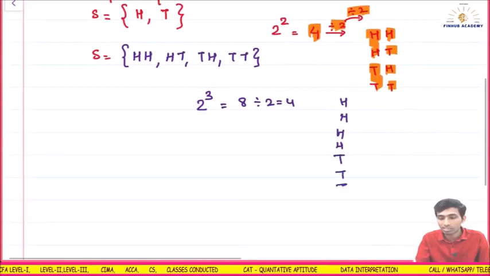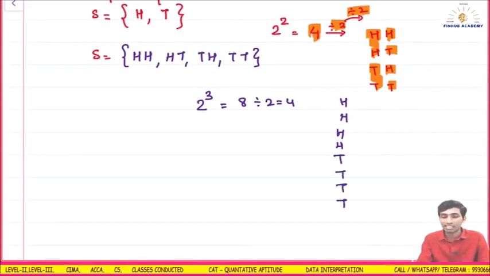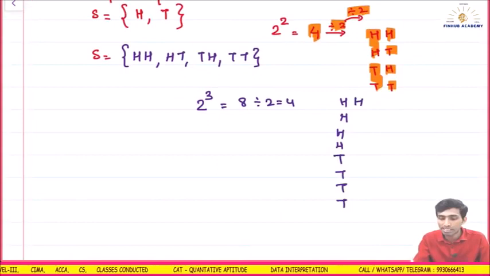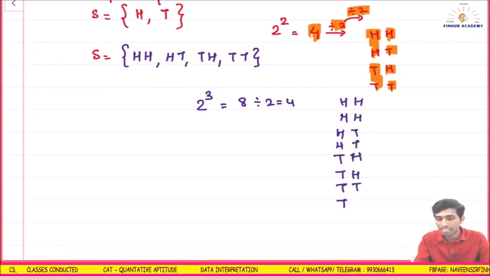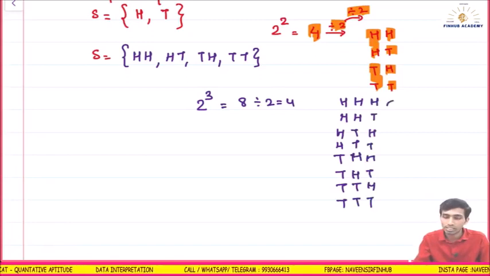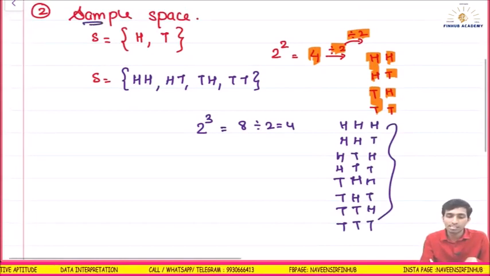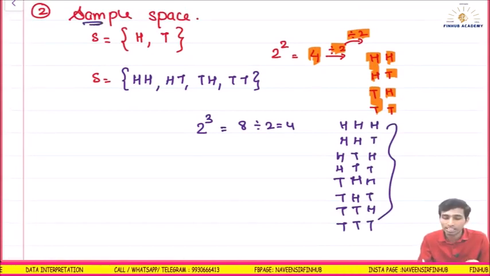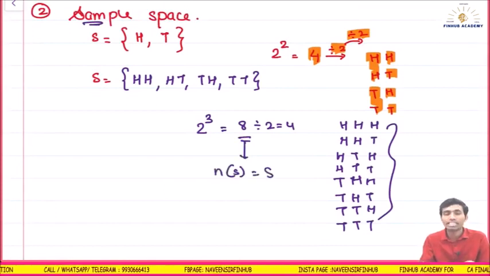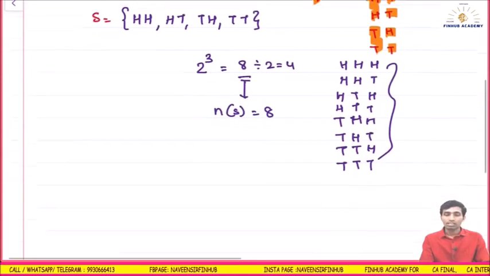Then 4 divided by 2, 2 times head, 2 times tail, 2 times head, 2 times tail. Half of 2 is 1, so 1 time head, tail, head, tail, head, tail, head, tail. This is your sample space. So when I toss 3 coins, the number of outcomes in the sample space is 8. Understood? Fine.